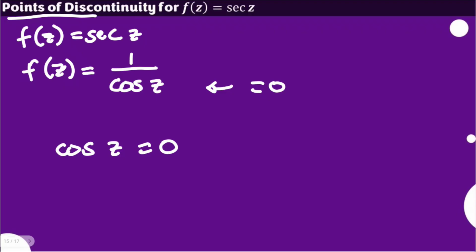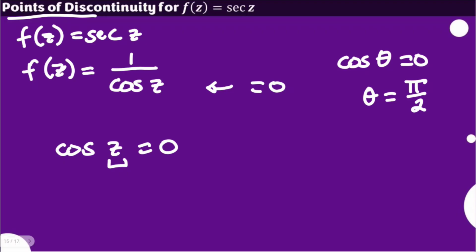In the Cartesian plane, let's just talk about the simplest form, cosine theta equal to 0, just like in the real numbers. This is true if we have pi halves, or 90 degrees, because the coordinates at pi halves are 0 and 1, and the cosine, which is the x, is equal to 0 at pi halves. But again, there's no boundary for this.